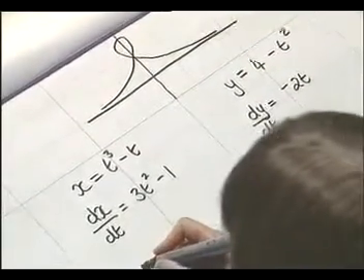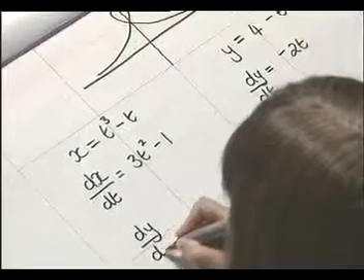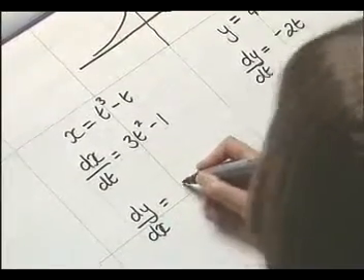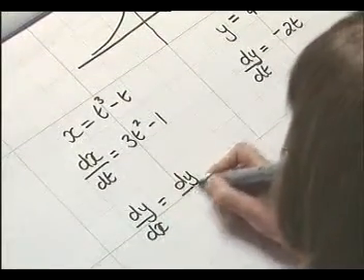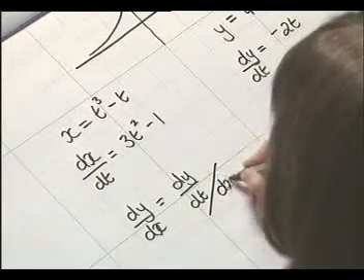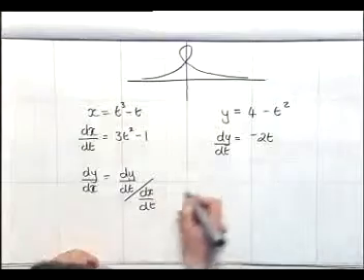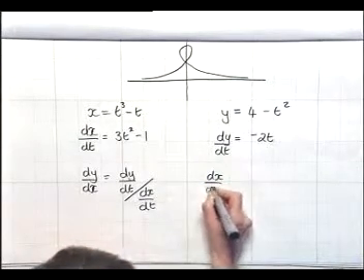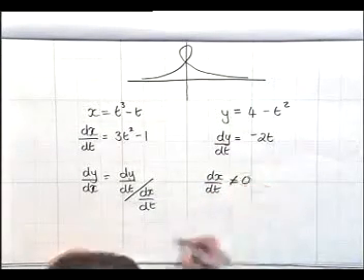Again, using the chain rule, dy by dx equals dy by dt divided by dx by dt. That is assuming that dx by dt does not equal 0. Let's substitute in.